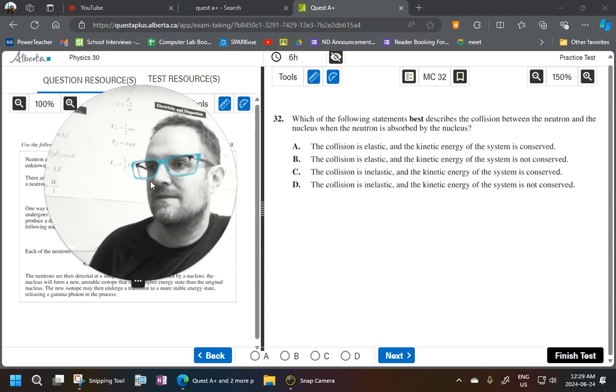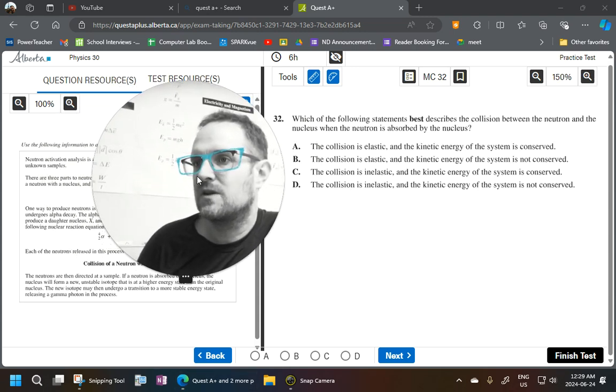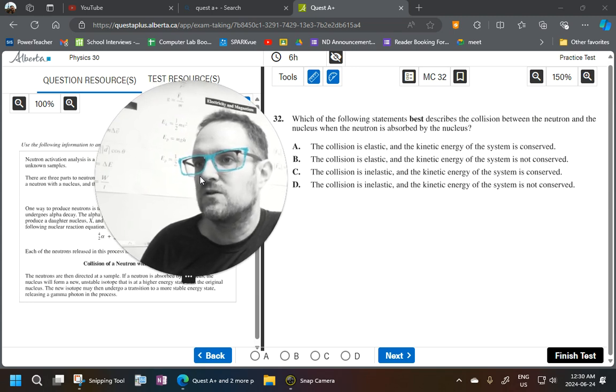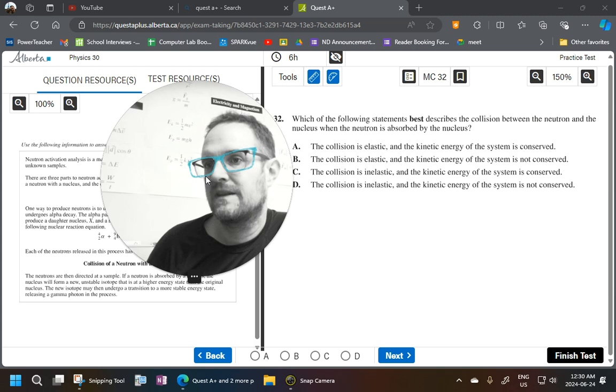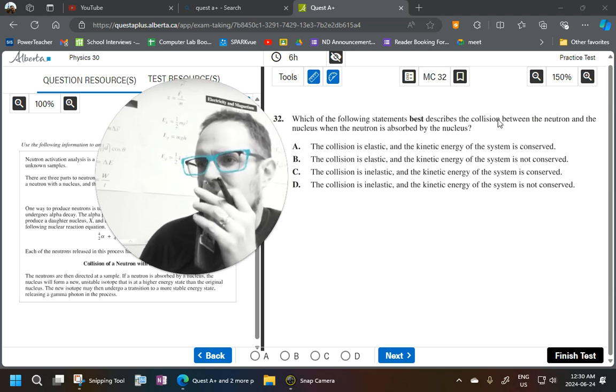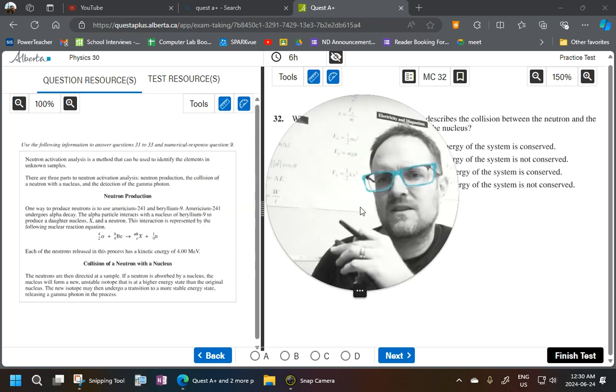Which of the following statements best describes the collision between the neutron and the nucleus when the neutron is absorbed by the nucleus? Oh, that's a good one. What's it say down here?